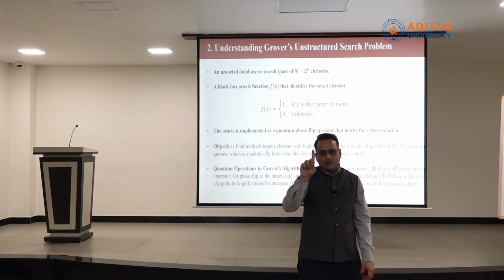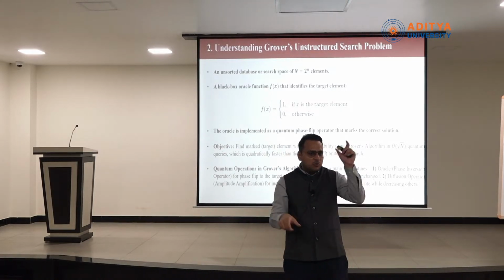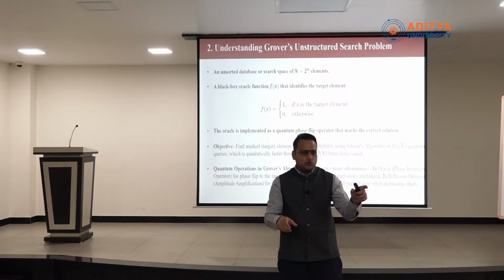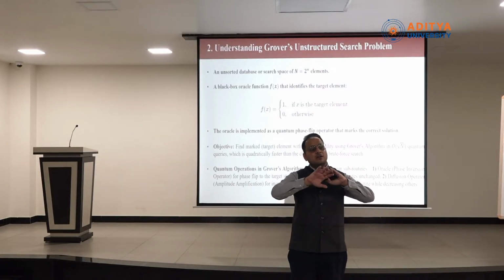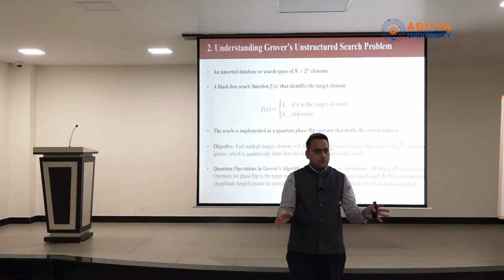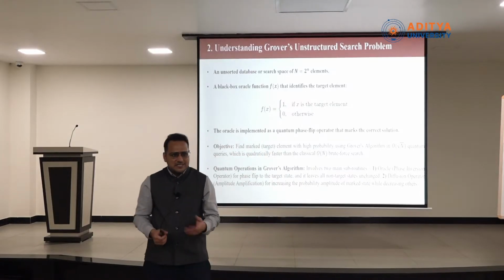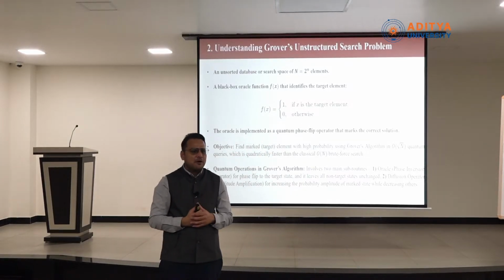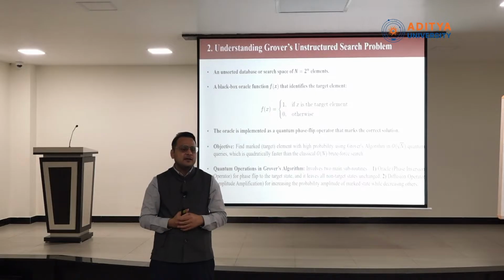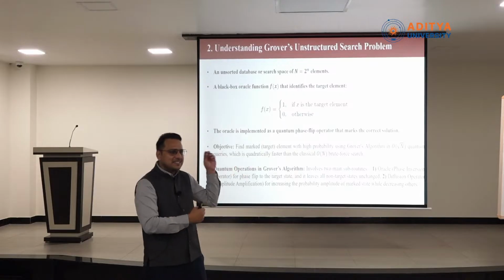Like for a 1 qubit system, 1 by root 2 and 1 by root 2 are the amplitudes assigned to 0 and 1. The probability of measuring the answer is 1 by 2, we know. But I am not satisfied with half probability, because it's a completely random chance. One time 0 comes, other time 1 comes, and we have already demonstrated this yesterday.